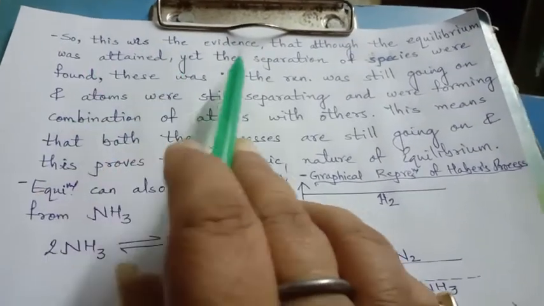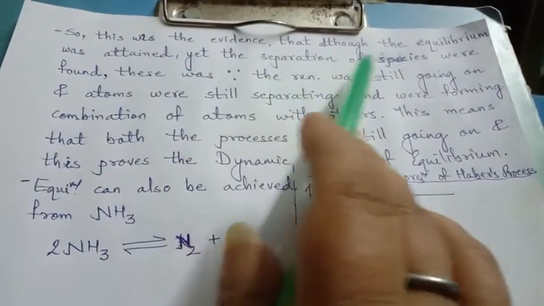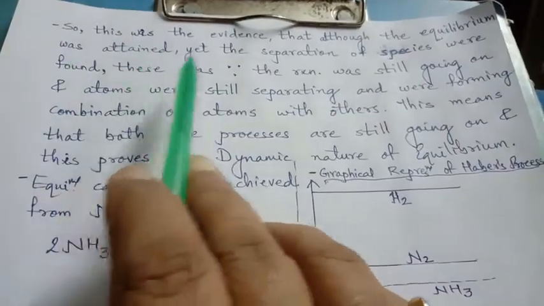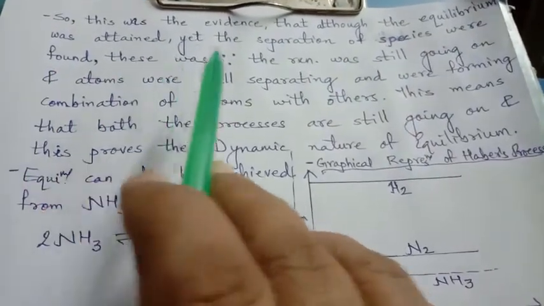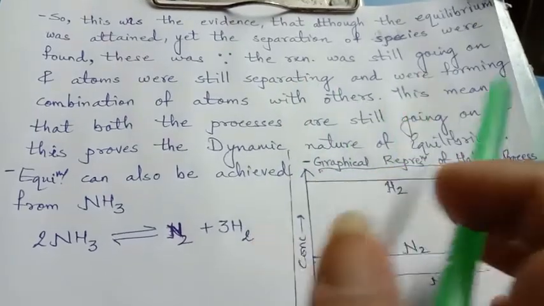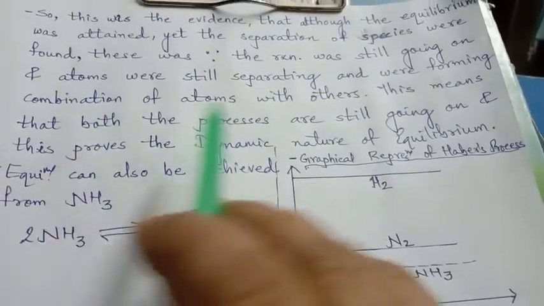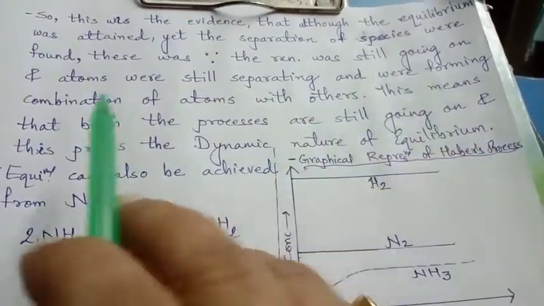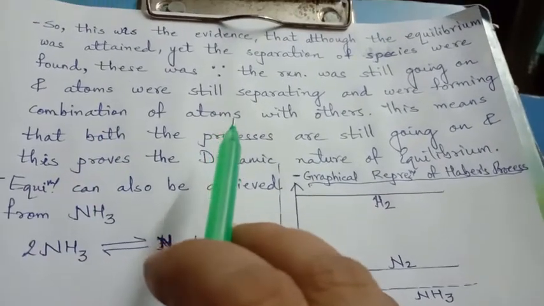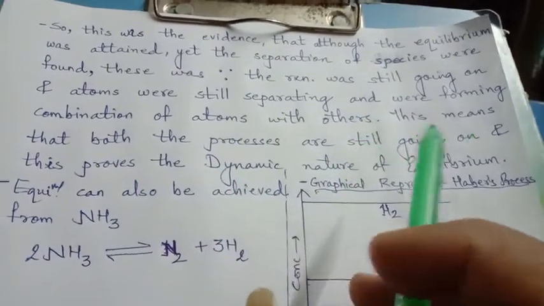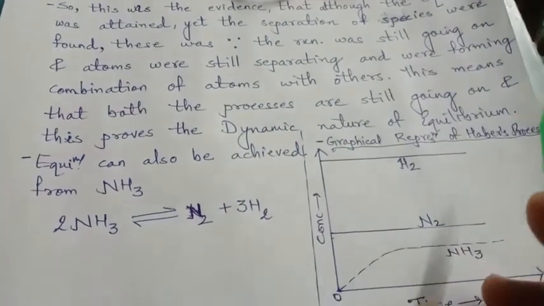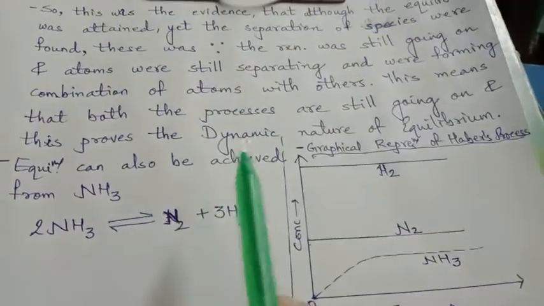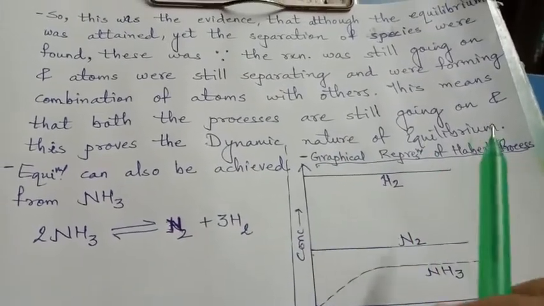So this was the evidence that although the equilibrium was attained, yet the separation of species was found. This was because the reaction was still going on and atoms were still separating and forming combinations with other atoms. This means that both the processes are still going on, and this proves the dynamic nature of equilibrium.